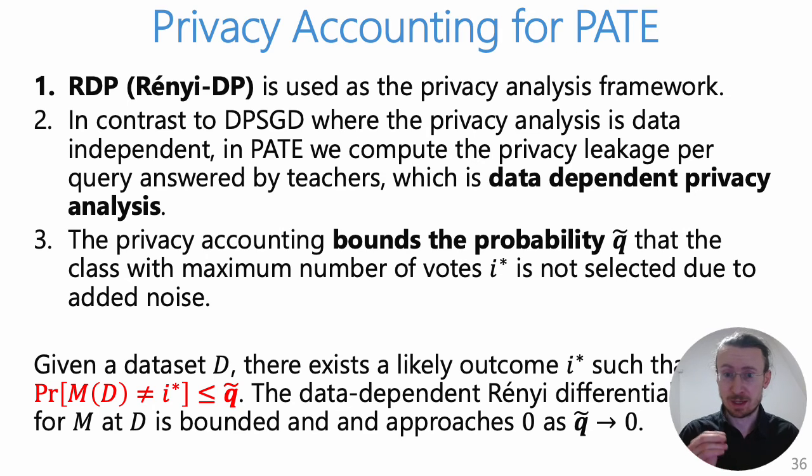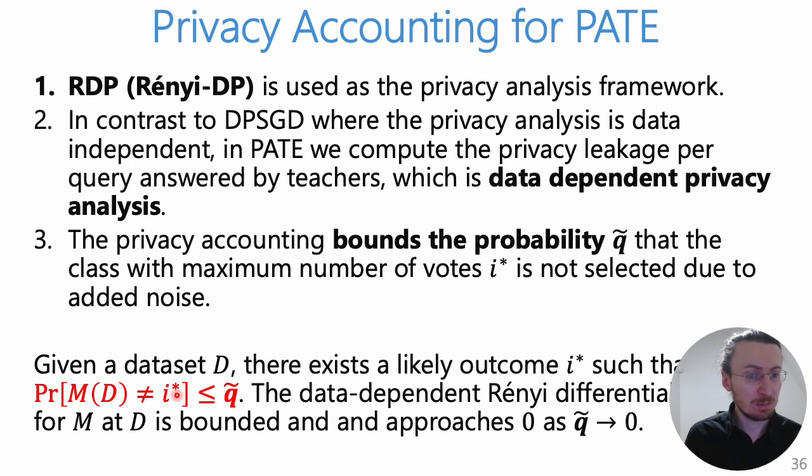The main point for accounting for privacy leakage in PATE is to bound the probability Q tilde. This is the probability that an incorrect class is returned from the histogram. So here we define this probability. We say that the mechanism, in this case the PATE mechanism, returns a different class than I star. And I star is defined as the class that teachers voted mostly for. So this is the class in the clean histogram, without the noise, that has the highest number of votes from teachers.